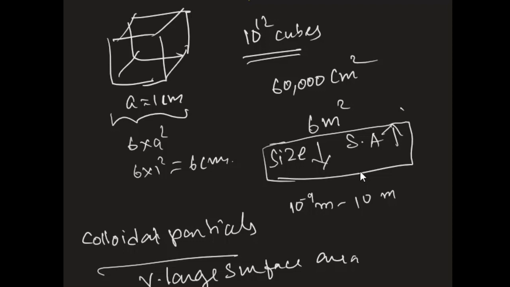Do you understand this? Okay. So this enormous surface area leads to some special properties, and we will discuss these properties right now. Do you understand? Right. So with this broad overview about the colloids, let me get into the further topics.